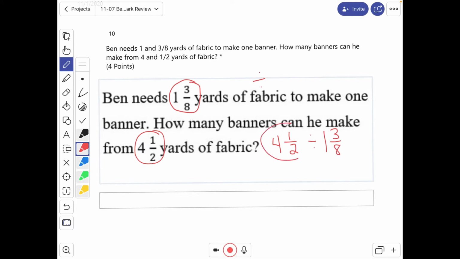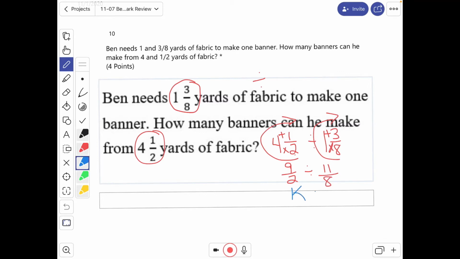First, we need to do around the world to change those both to improper fractions. So 2 times 4 makes 8, plus the 1 on top makes 9 over 2, divided by 8 times 1, which is 8, plus the 3 on top makes 11 over 8.